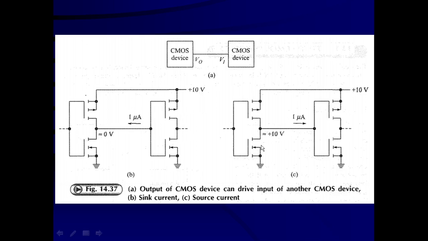Similarly, when the output is going to be high, this transistor will be off and this transistor will be on. The P-channel MOSFET is conducting, it is working like a closed switch and VCC is connected to the output, so the output is going to be high. Minimum 5 volt is required to turn on, so this will be 10 volt, so it will be considered a valid high state input, and the current is sourced by this P-channel MOSFET, so 1 microampere of current will be there.